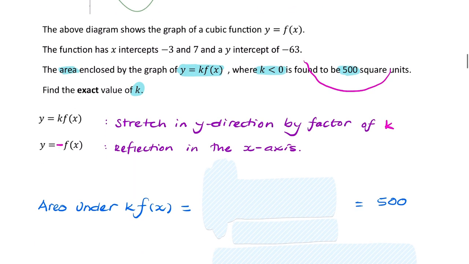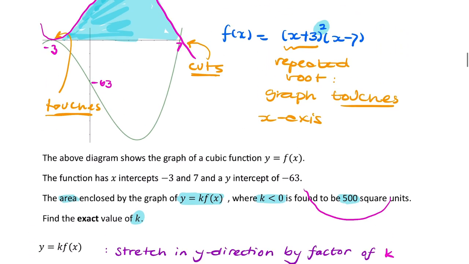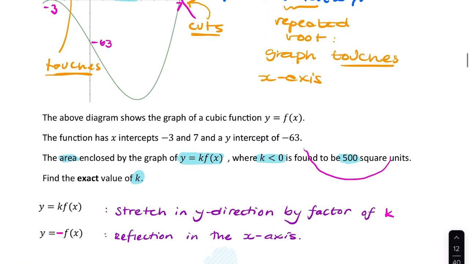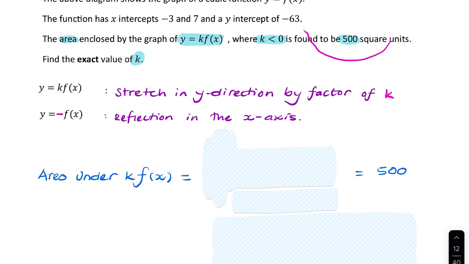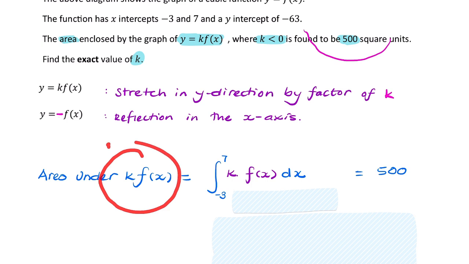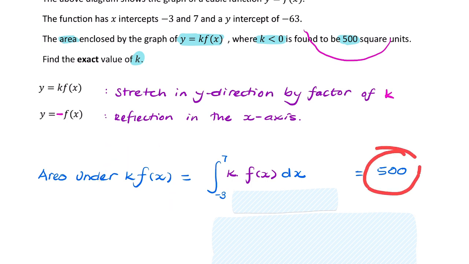So your area would be the integral between these two limits, between -3 and 7 of f of x. So that's the first thing you do. You say the area under k f of x equals 500 between -3 and 7. Now, the purpose of this is to find k. So my unknown here is k.